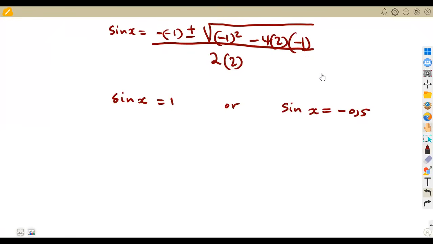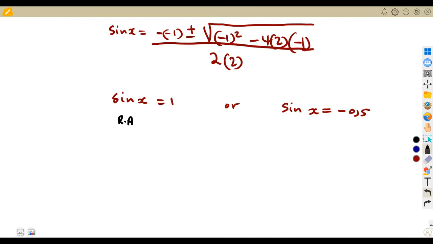Remember our interval, from negative 360 to positive 360. You're supposed to consider that properly, because here what you're going to do is find the reference angle. For sine equal to 1, you can consider the graph of sine, but you can also consider the reference angle.